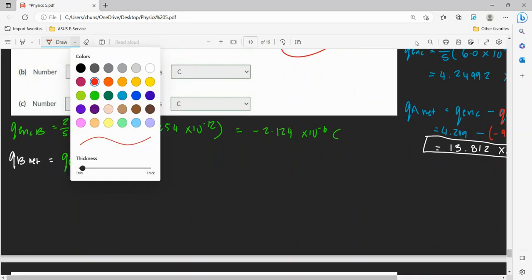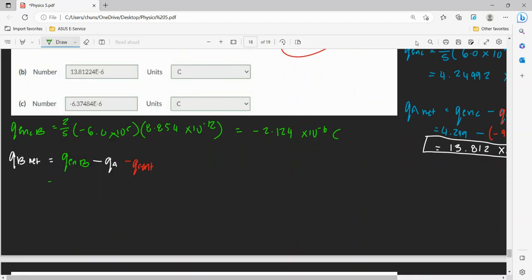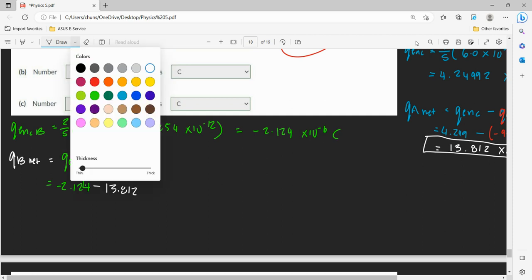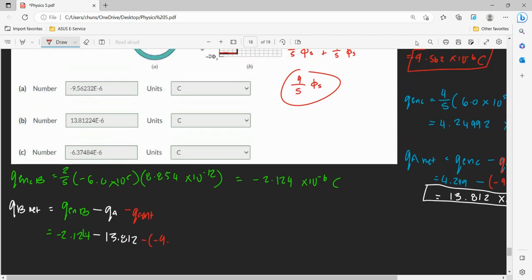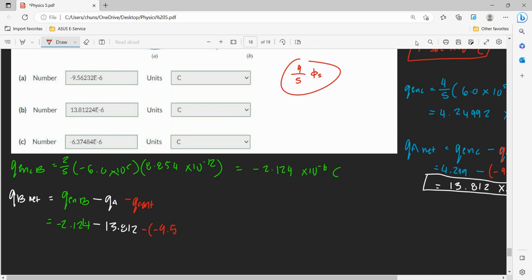Okay, and when we do this, so this is negative 2.124. I'm going to do it without the times 10 to the negative 6 just to make it more concise. And this is minus 13.812. And this is minus negative 9.5623.